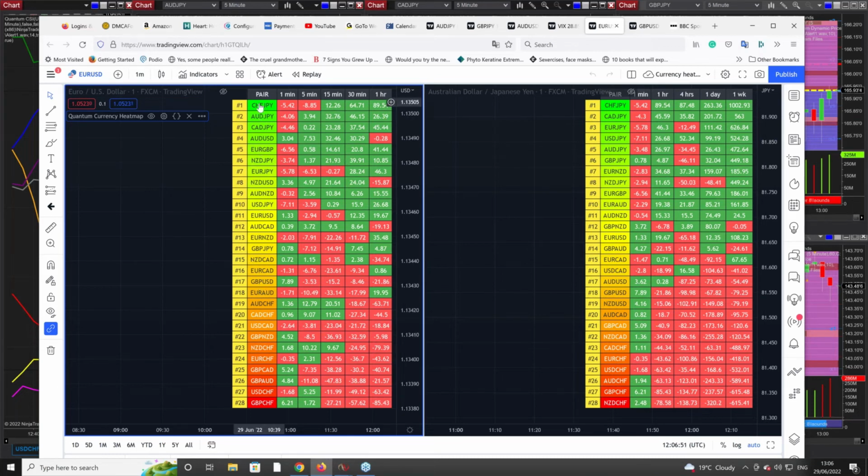So the Swiss yen here at the top, the heaviest weighting for that will be the hourly. The least weighting will be the 1 minute, and that's what you would expect because the slower the time frame, the greater the weighting. The faster time frame, the slower the weighting, and that's how it works. So the pairs on this ranking ladder will move much more slowly. They certainly won't move at the same speed you'll see them moving at on the matrix.